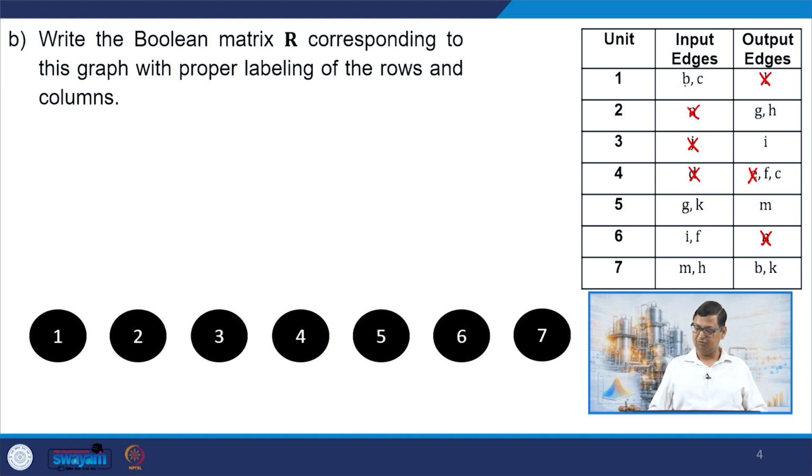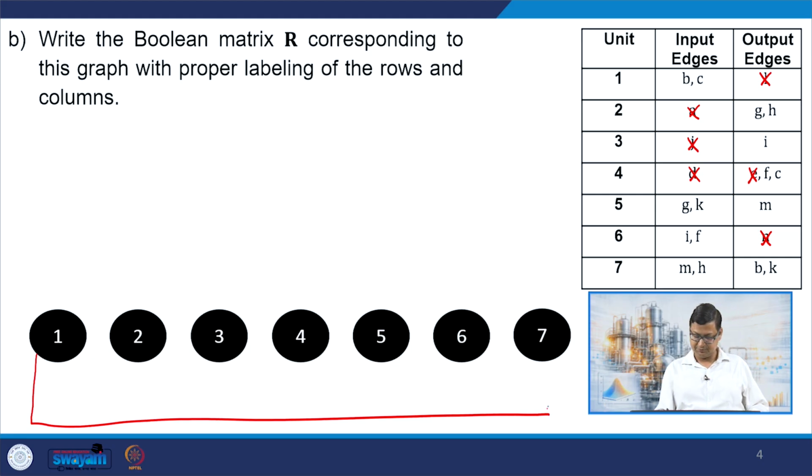B starts from 1 and goes to 7. So, we draw an edge starting from 1 going to 7. This graph will become quite messy because we have many edges. So, be careful how we are doing it. C is input to, by the way, B is coming from 7 to 1, sorry, other way around.